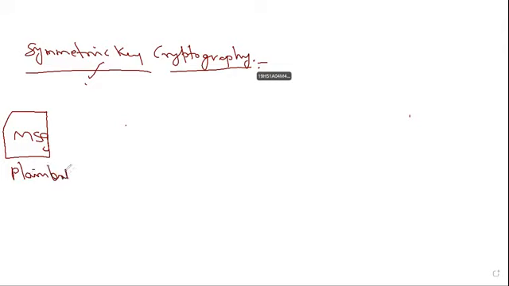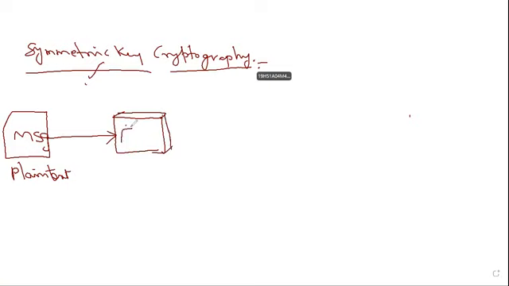I discussed this in a previous video, right? This message must be conveyed to the receiver in a secured manner. For sending this information securely, the sender and the receiver use the secret key, right? For that purpose, the sender uses an encryption algorithm.